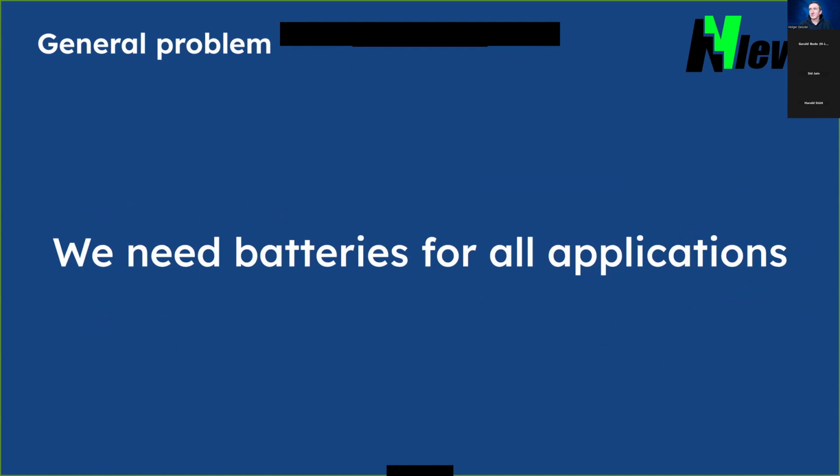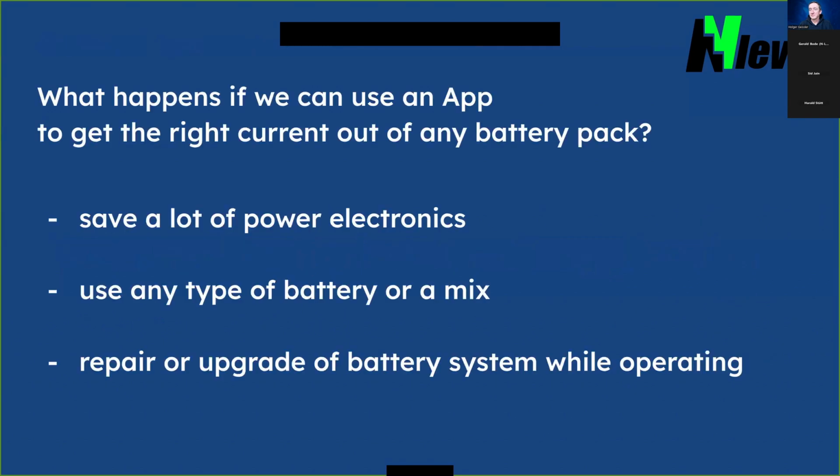We use batteries for all things we do all day, like mobile phones and mobile transportation; even vacuum cleaners contain batteries now. Or you use a vacuum cleaner while you're charging your EV. What happens if we can use an app to get the right current from a battery pack anytime we want, only per app?